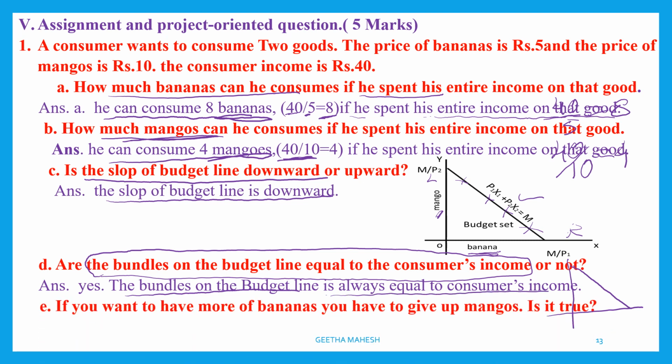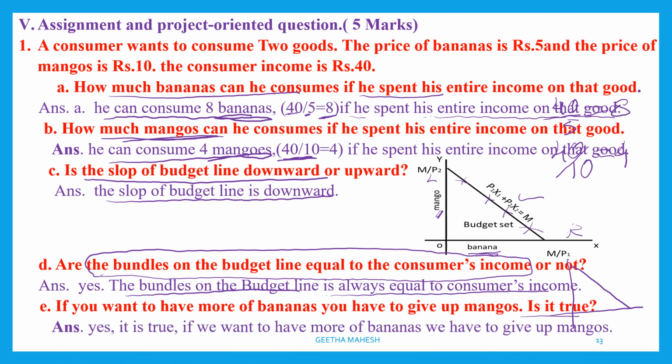If you want to have more bananas, you have to give up mangoes. Is it true? Yes, it is true. To have more mangoes we have to give up bananas, or to have more bananas you have to give up mangoes.